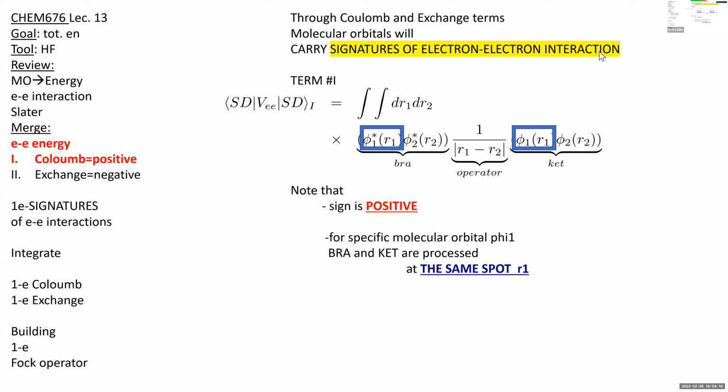The sign is positive. The operator has an absolute value, so it's also positive. So this first term corresponding to the main diagonal will give a big positive number. So it will correspond to electron repulsion, right?